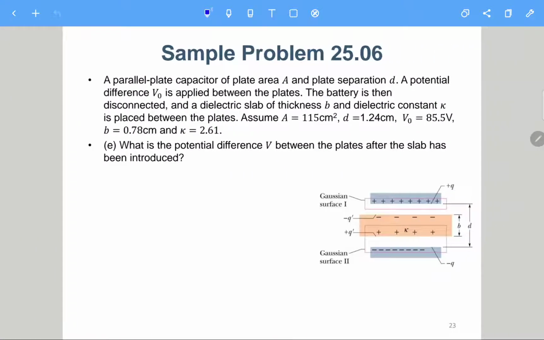Okay, so next one we can calculate the potential difference between the plates after the slab has been introduced. Similar to the previous sample problem, as long as we disconnect the capacitor and then insert the slab, that means after inserting the slab, the potential difference between the two plates will change.